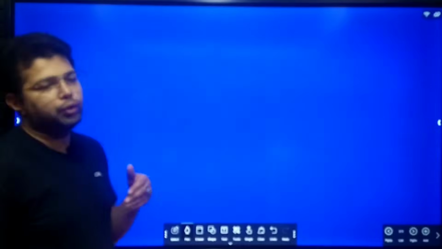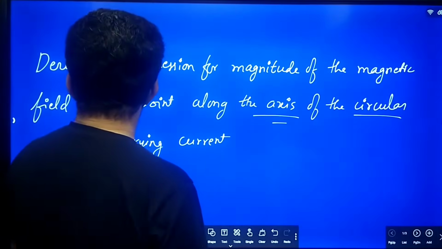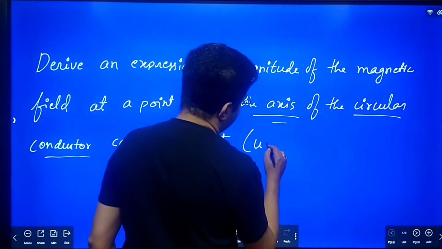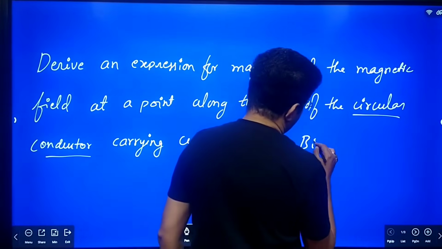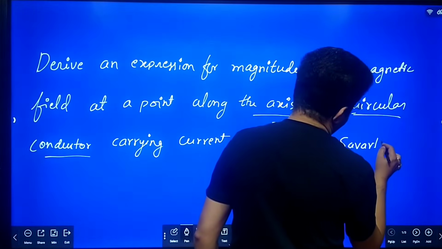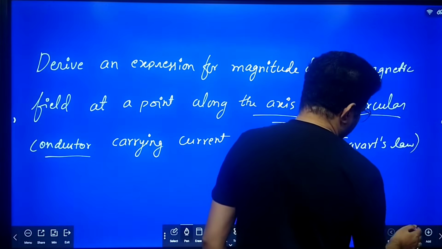So here we have to use Biot-Savart's law. In the question they may also ask you like this, using Biot-Savart's law. We know what Biot-Savart's law is.